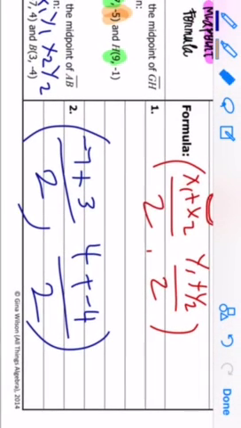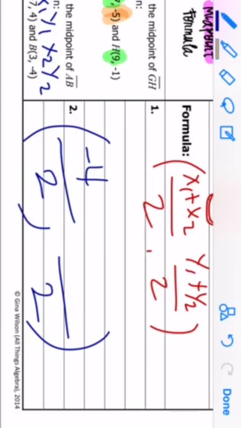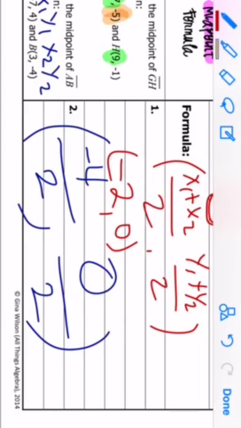Just kind of as I'm running out of room here, I'll just write what that is. -7 plus 3 is -4. And then instead of 4 plus -4, that's 0. Alright, so now we're at -4 over 2, comma 0 over 2. And so that final answer will end up being -2, comma 0 once you divide them.